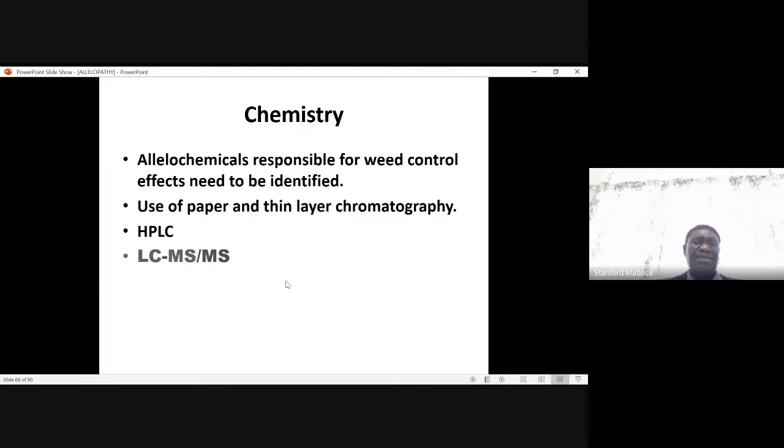Now, there are various methods which can be used. There are simple methods which use paper and thin layer chromatography. You can also have facilities for HPLC. And these days, the one which is popularly being used is LC-MS/MS to identify the allelochemicals.